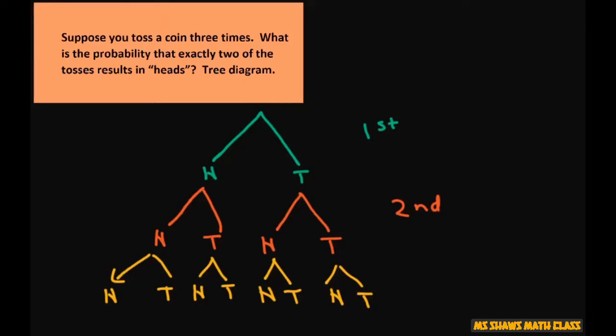All right, now let's draw out our sample space. So I'm going to look at the branches and go through it that way. So for your sample space, you're either going heads, heads, heads, or heads, heads, tails.